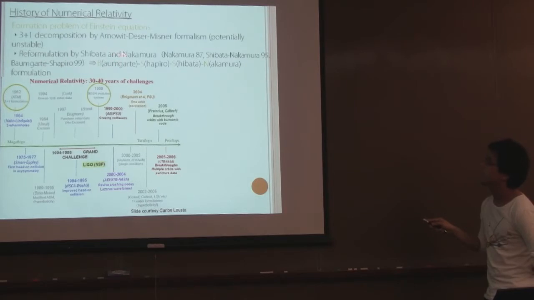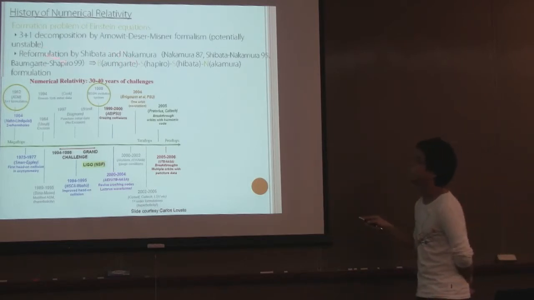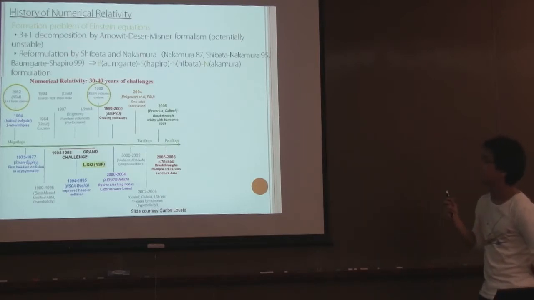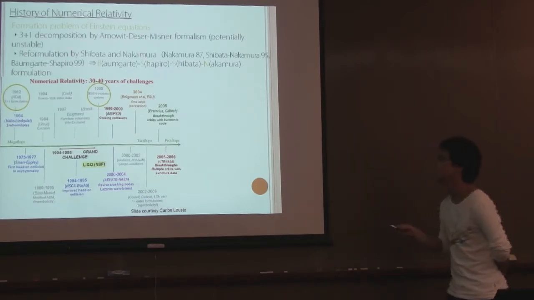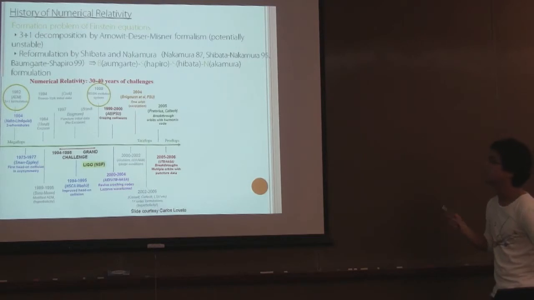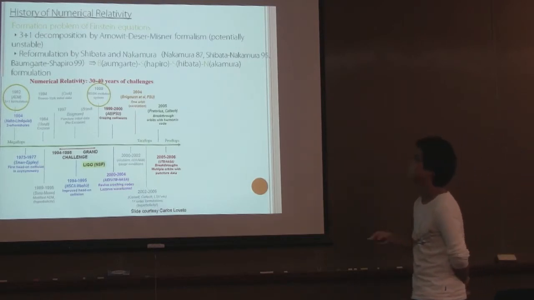Nakamura and Shibata proposed a reformulation of the ADM formalism, in which a spatial derivative of the metric was introduced as a new variable to rewrite the evolution equation.